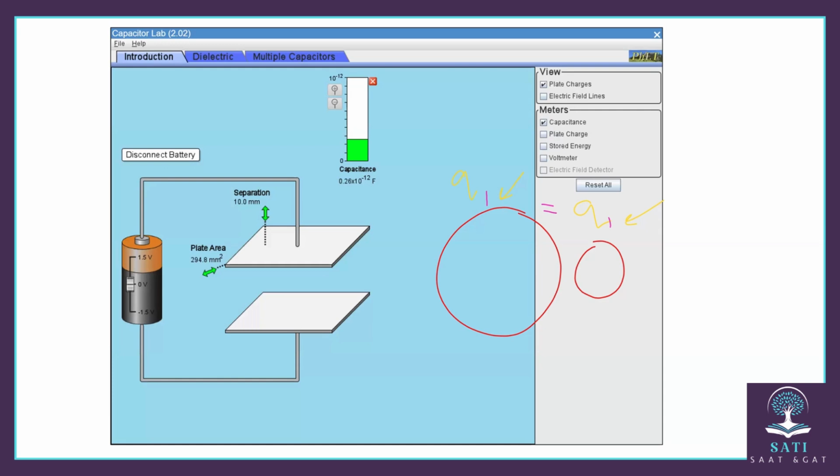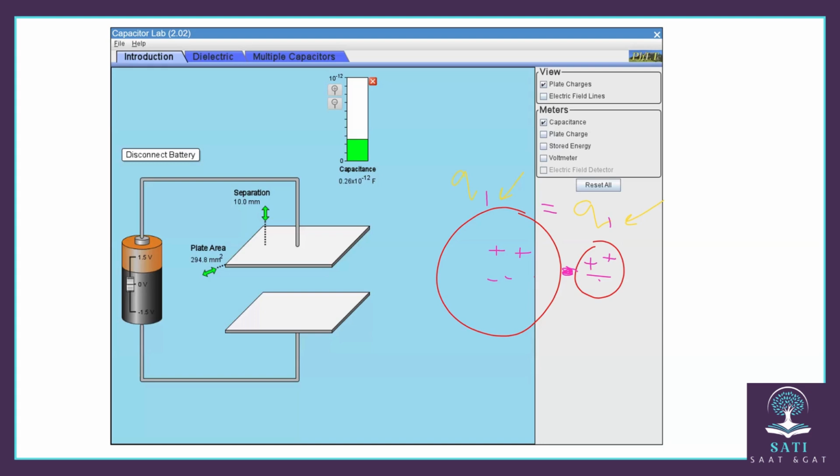And these two balls are conductors. If we bring them together and keep them in contact, what will happen to the charges? They have the same number of charges on the left and on the right.